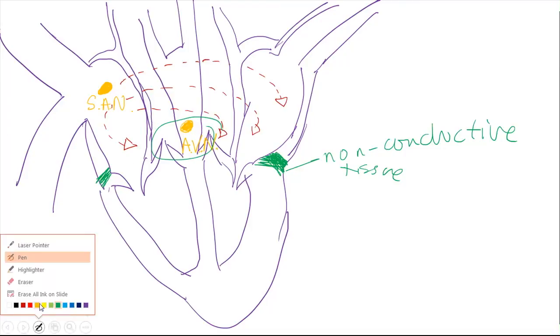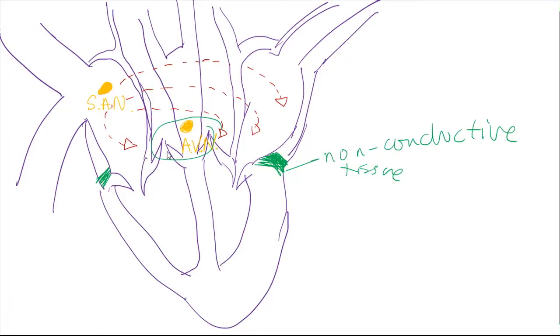From the AVN, the signal then travels down through special tissues we call the bundle of His. And then from there, it spreads through the walls of the ventricle.